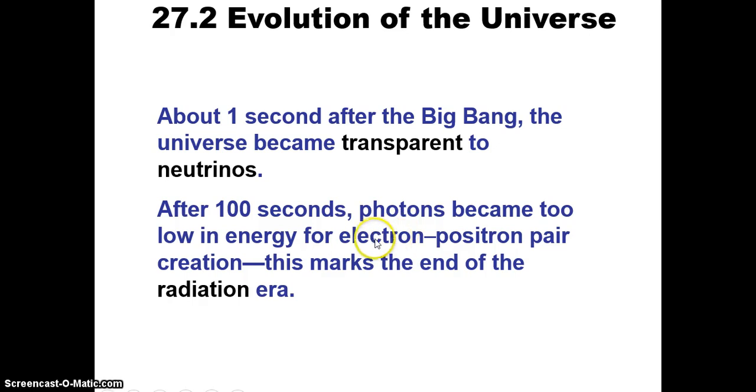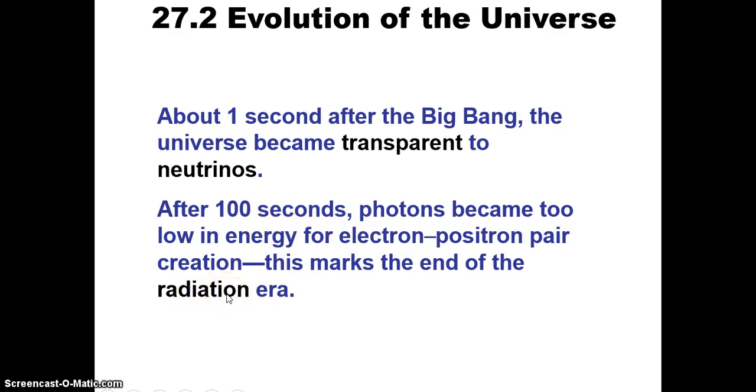To some extent, that's not exactly true, but for the most part it is, right? So the vast majority of the electrons and protons have already been created at this moment, and after about 100 seconds, that ends what's called the radiation era.